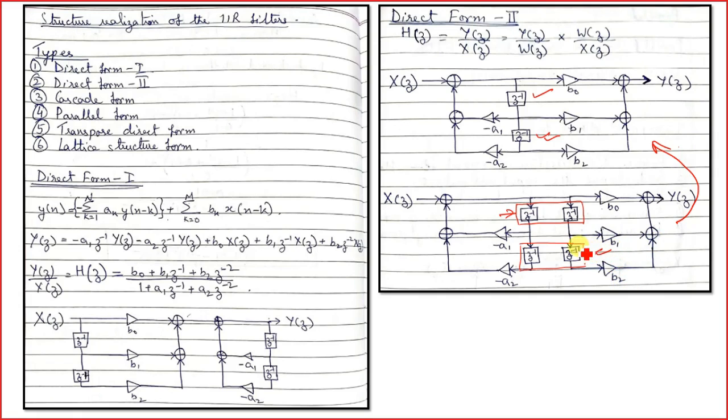So what is happening over here? What is the advantage? In the direct form 1 we were having 4 delays, whereas in the direct form 2, after we have completed this realization, we are having only 2 delays. So the advantage is that the number of terms which have to be stored in the delays reduces significantly.